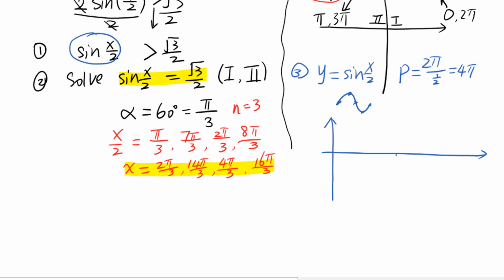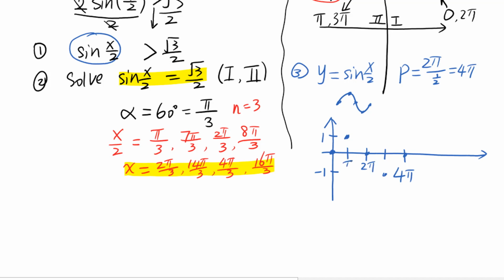Let's sketch the graph. This is 4 pi. Half, half, half. Amplitude is 1. Here's a -1. So you have 1, 2, 3, 4, 5. This is 2 pi.